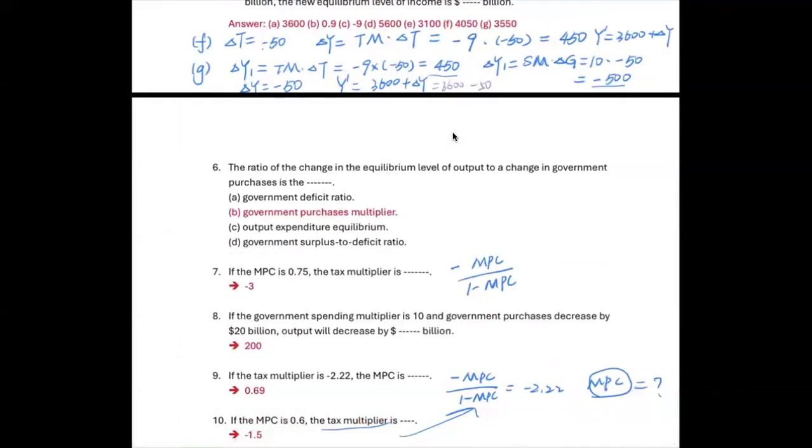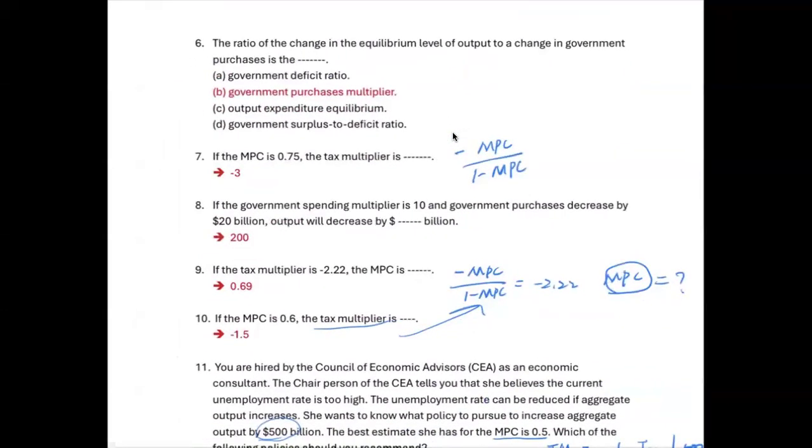And question 6, also this is about the definition of the government purchases multiplier. The ratio of change in equilibrium level of output to a change in government purchases. Okay. And actually for 7, 8, and 10, you are just using the equation of tax multiplier and government multiplier.